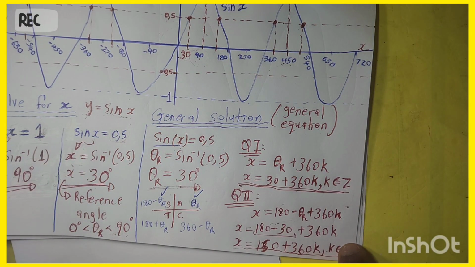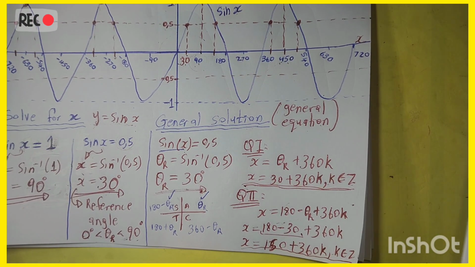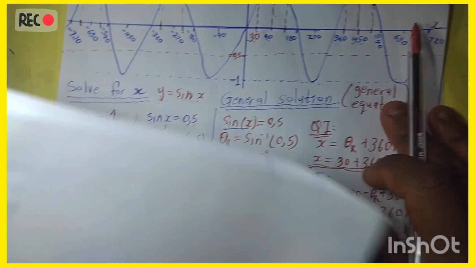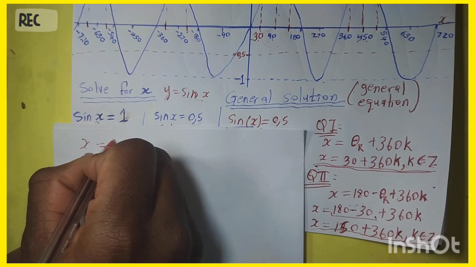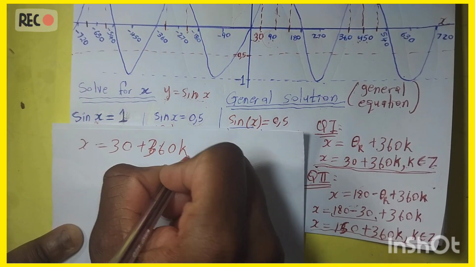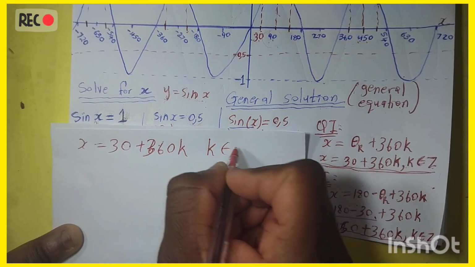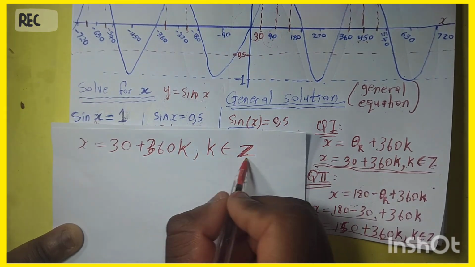But now, guys, how do you get those values? Using your general equation. Using this general equation, guys, this is what I will do. I got this general equation, which is this plus 360k. And I told you that k is an element of all integers. So what does this mean?